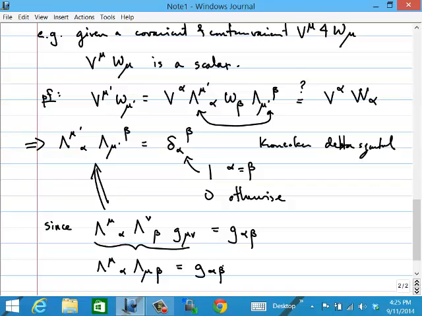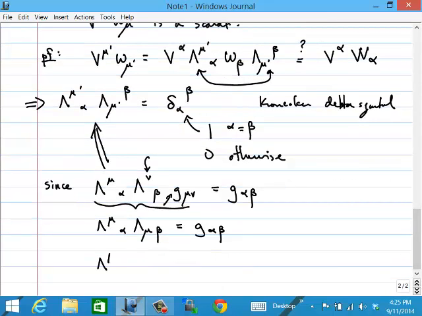All I've done is use this g mu nu to lower that index here. And then I could go ahead and raise the beta index to write this as lambda mu alpha, lambda mu beta equals, let's call it gamma, g alpha beta, g beta gamma. Here I'm just using that inverse metric to raise the beta index and turn it into a gamma.